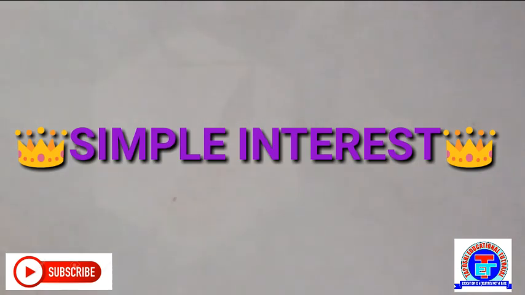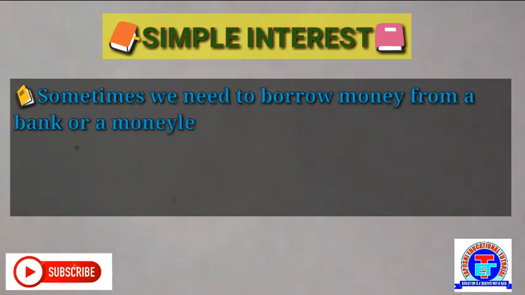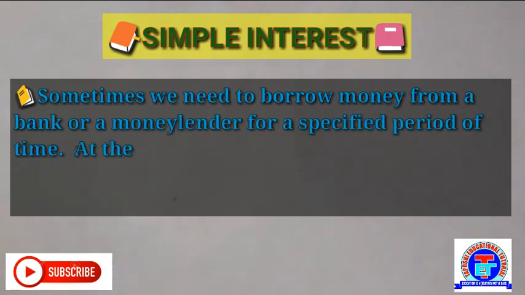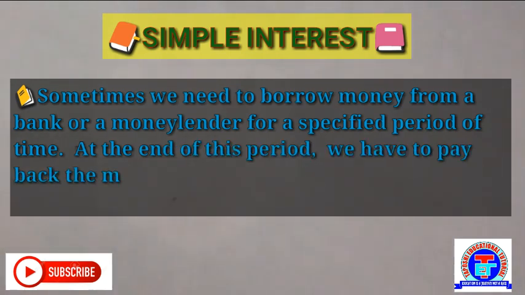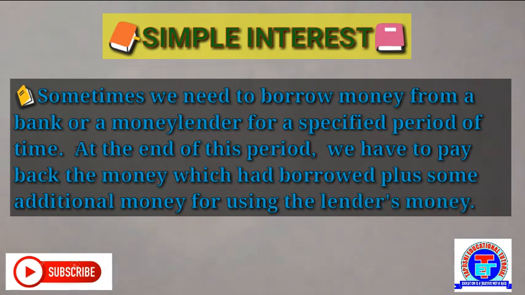So, understanding simple interest. Sometimes we need to borrow money from a bank or a money lender for a specified period of time, right? At the end of this time, we have to pay back the money which we had borrowed plus some additional money for using the lender's money, right?